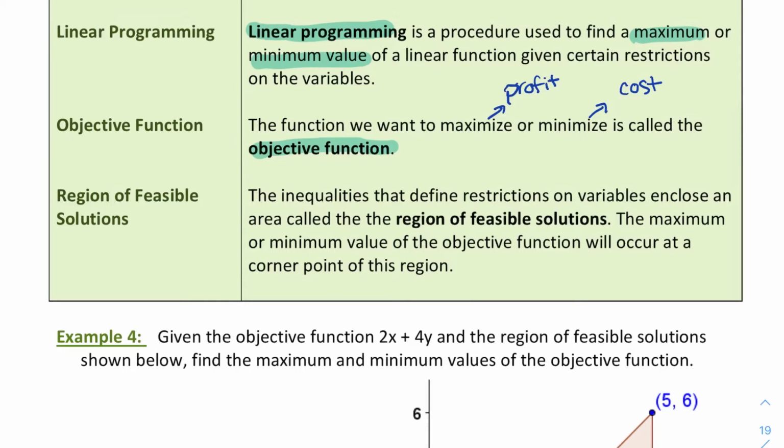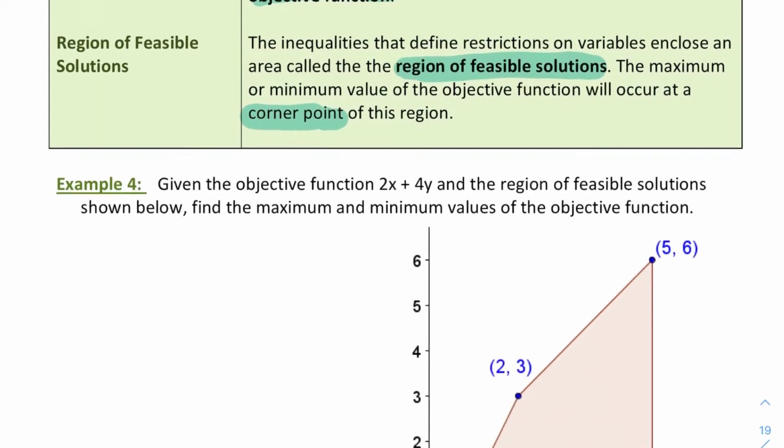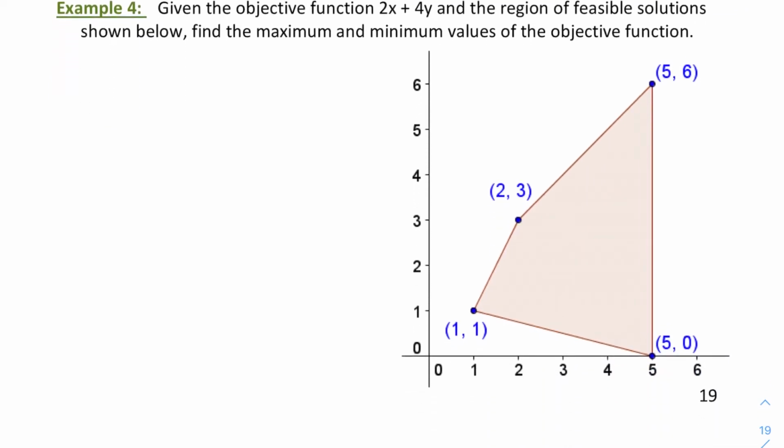Maybe your factory can only get supplies to manufacture 2,000 iPads in a day, etc. And when you graph those inequalities that are your restrictions, you get what's called a region of feasible solutions, which encloses all the possible values of your variables that make your system be able to be true. And then the point that is going to maximize or minimize your function is always going to be one of the corner points or the vertices of your feasible region.